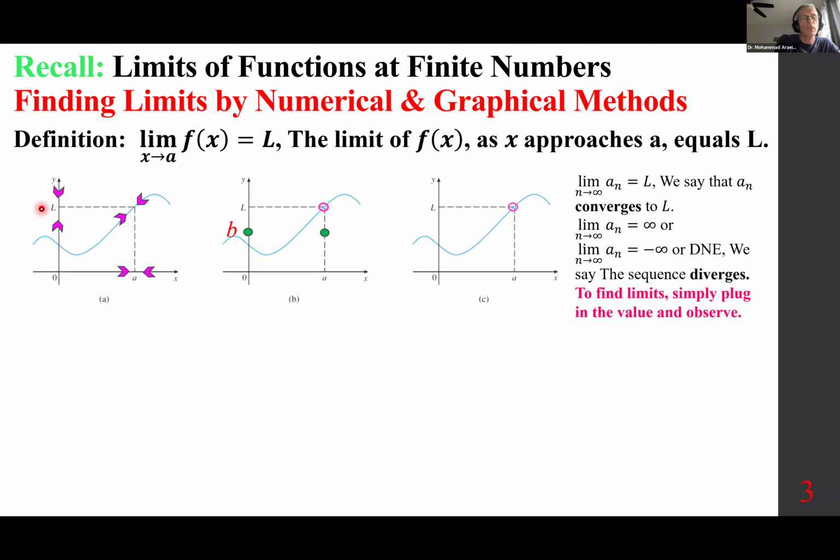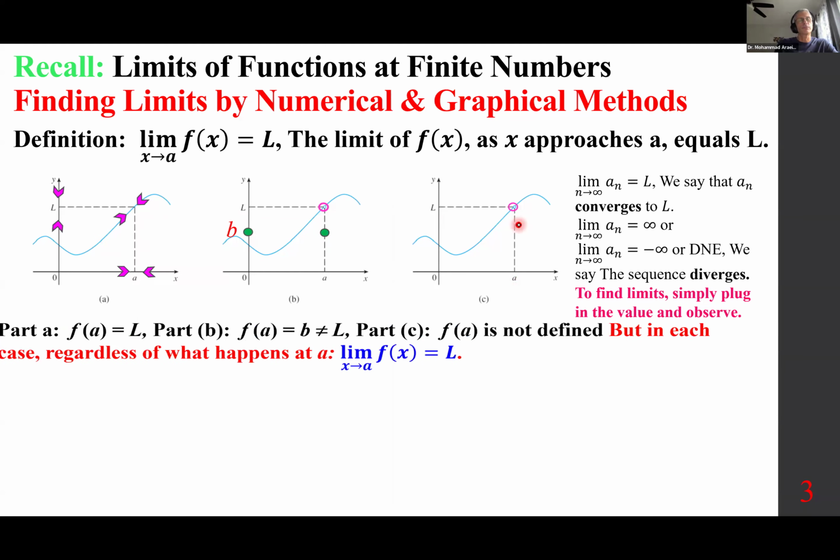What's the difference? The functional value, which means exactly at a, is also L here. The functional value at a is something else, b, here. And the functional value at this point is not given for this case.